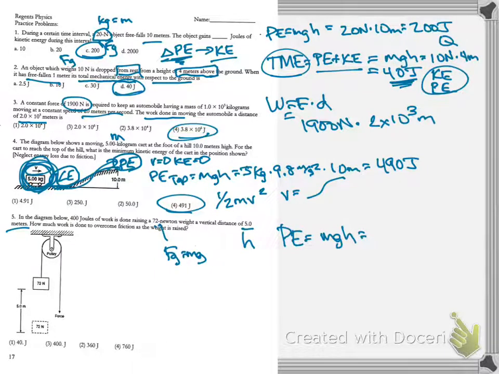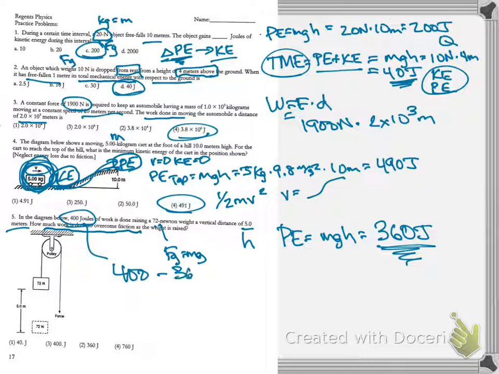If I do that, it's 360 joules. But they said it took 400 joules of work to do this. Let's read what the question is. How much work is done to overcome friction? There you go, that explains it. So it required 400 joules, but you only ended up transferring 360 joules of PE. The difference, that 40 joules, must have been overcoming friction.